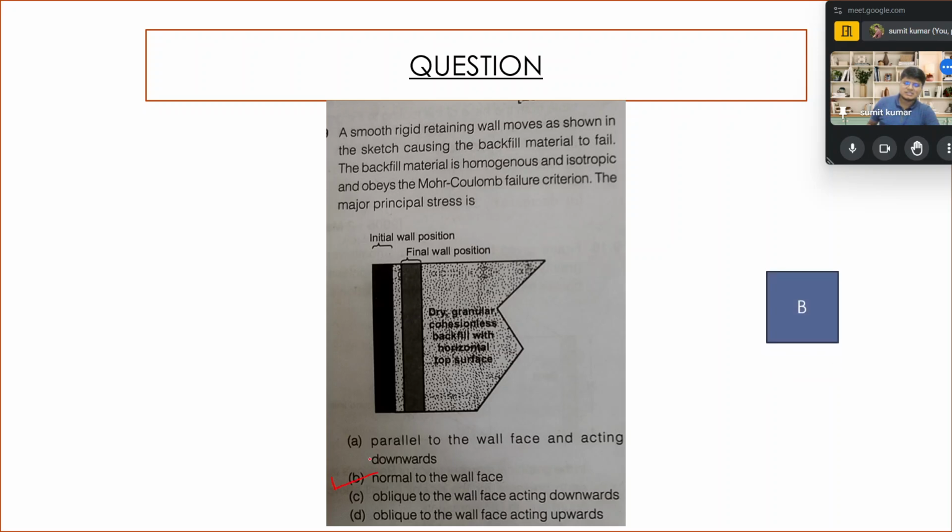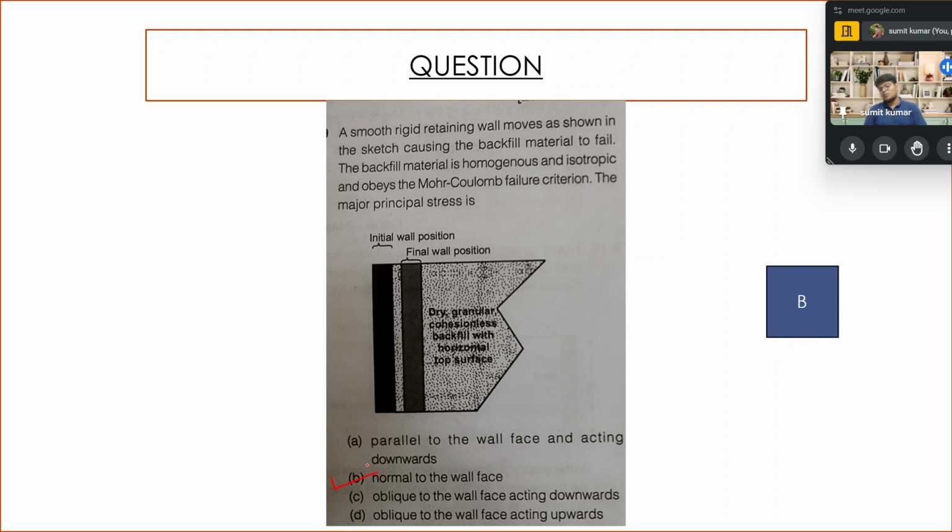Yes, over there you can see option B is also popping up. I will also mention the explanation here. When the wall is moving toward the soil, the initial position is a little different, away from the soil, when we compare these two images of the initial position and final position.